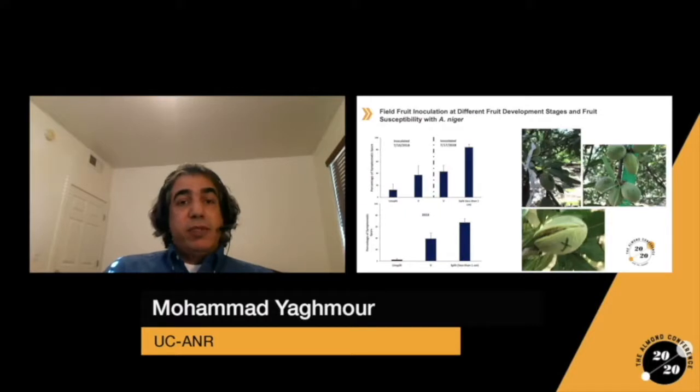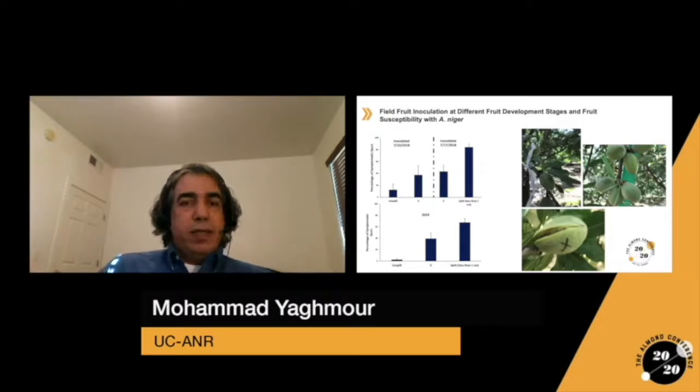When it comes to Aspergillus niger, our work has shown that the most susceptible one is the stage when the fruit is already open and less than 1 centimeter. However, it's also worth noting that the deep V stage showed higher incidence compared to unsplit fruit.